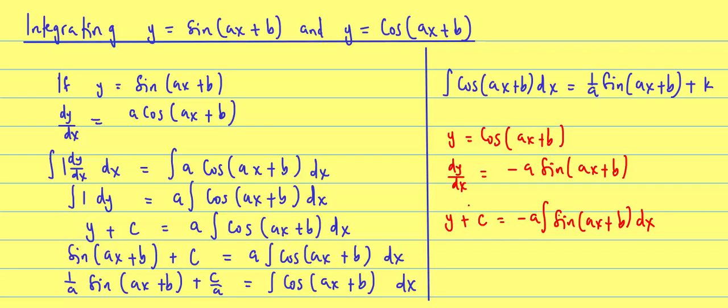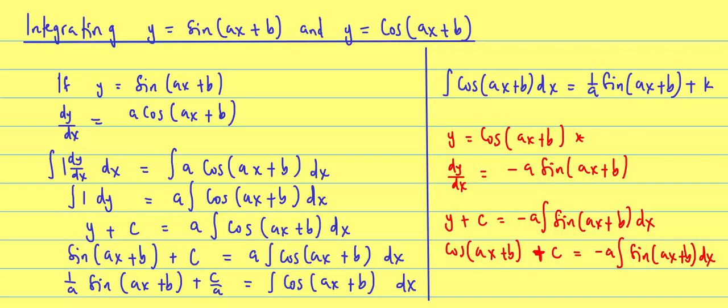But we know that y is equal to the starting expression here, so if I replace that with my initial value, it'll be cos of ax plus b plus the integral constant c is going to be equal to minus a, the integral of sine ax plus b with respect to x.